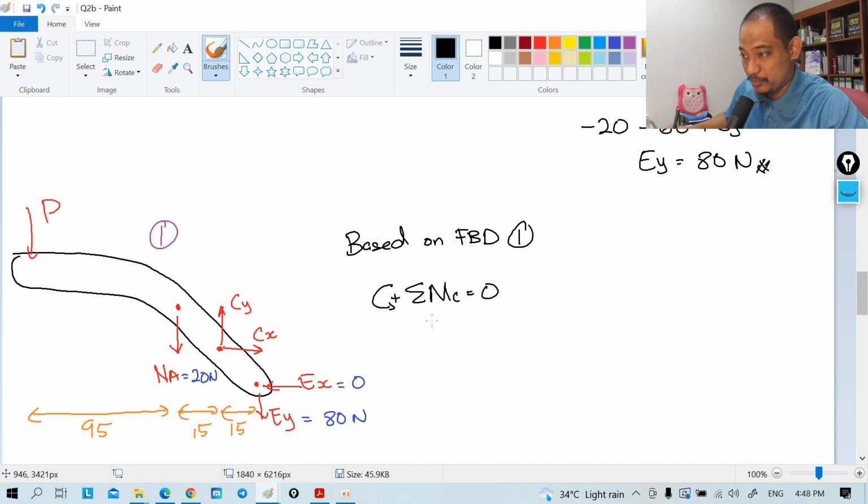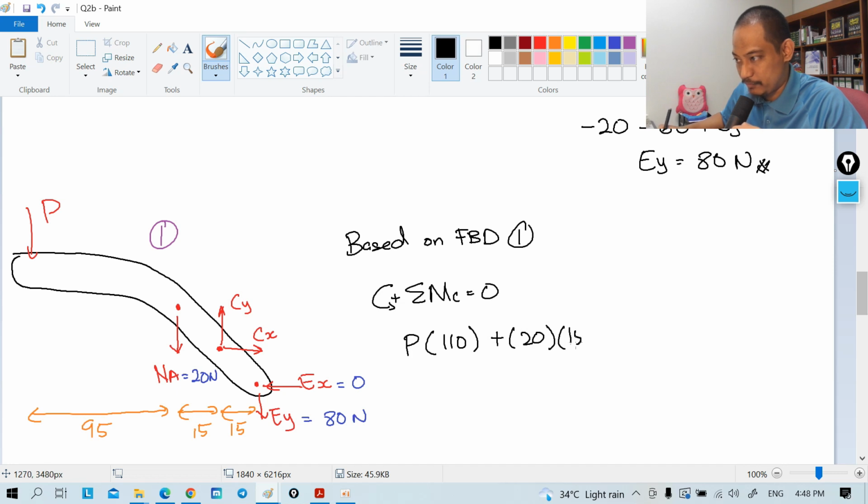So if you take counterclockwise positive, about point C we have P times the distance, which would be 95 plus 15, so 110. And then NA is also counterclockwise, so plus 20 times 15. Ex is 0, so no need to calculate that one, and Ey is 80, so it's clockwise, so minus 80 times 15 equal to 0.